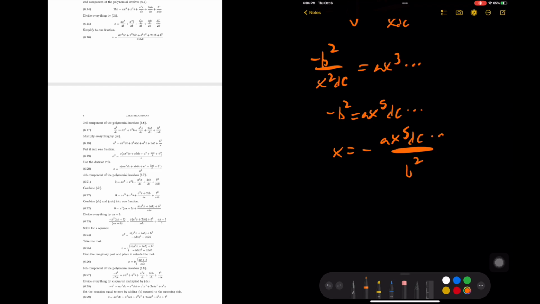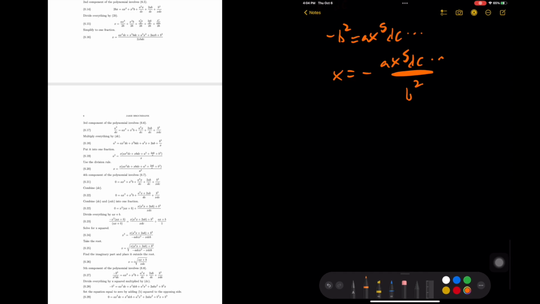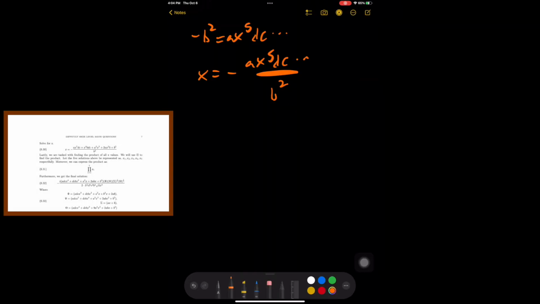Lastly, we are tasked with finding the product of all x values. So I'm going to do this by representing it in the form of capital pi, or product notation, in which we will let the 5 solutions above be represented as x1, x2, x3, x4, and x5, respectively.